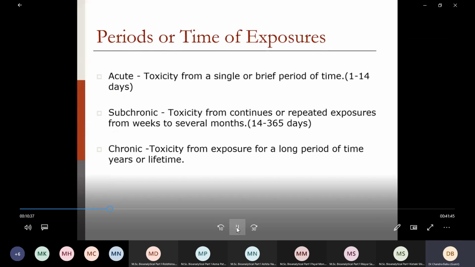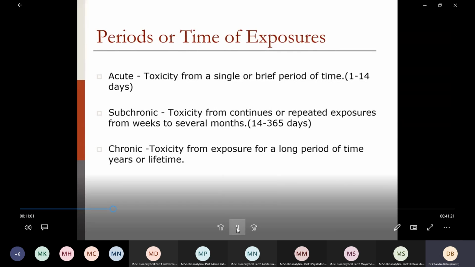Going a little bit over those, when we talk about the period or time of exposure, there are three main ranges: acute toxicity, subchronic toxicity, and chronic toxicity. Acute really relates to a single or a brief period of time. Subchronic will be continuous or repeated exposure over months.